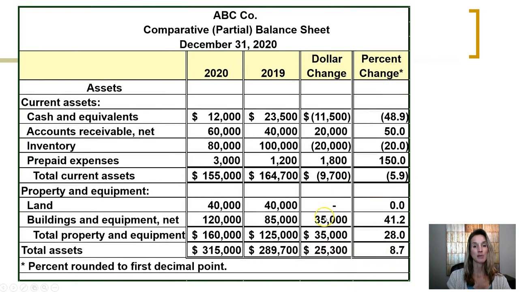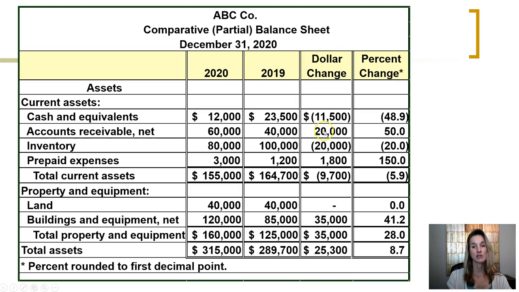Horizontal analysis applies this across years, across each line of the balance sheet. Accounts receivable. We had a change of $20,000. $40,000 increased to $60,000, $20,000 change.